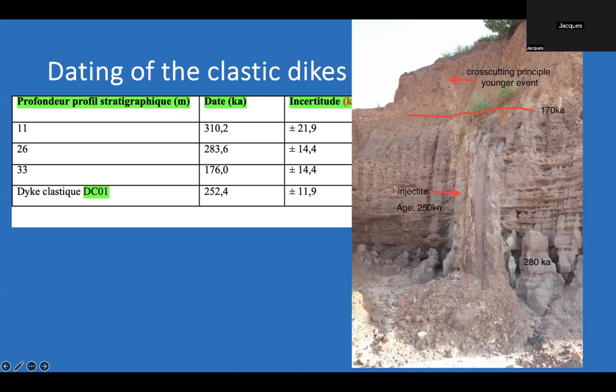It means that when we tried to date the clastic dike, we didn't, in fact, date the clastic dike.